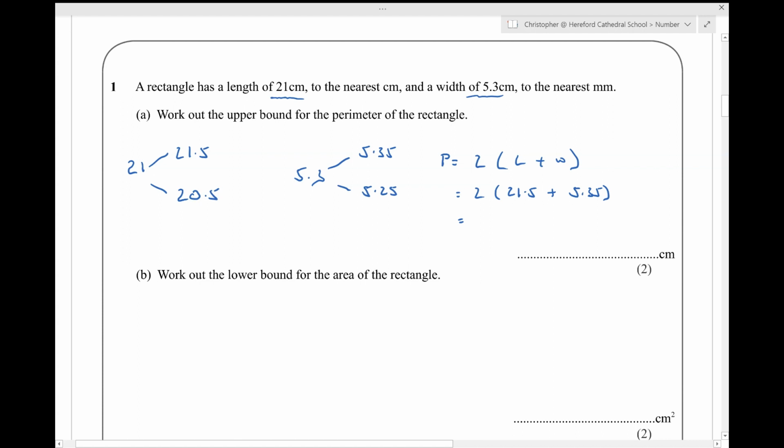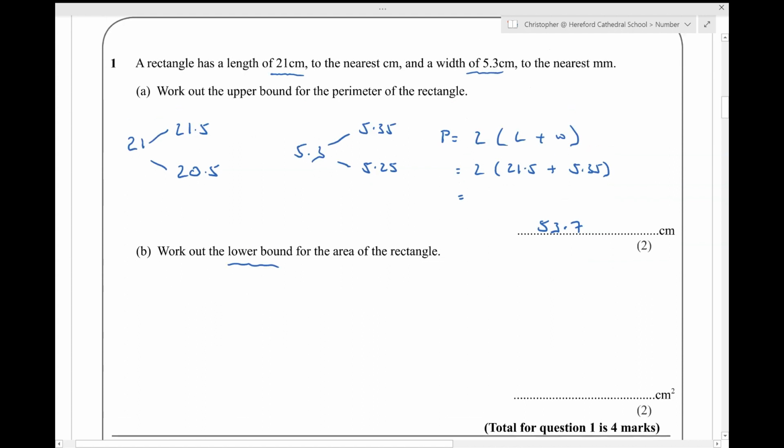So all I need to do is use my calculator to work out 21.5 plus 5.35, and then multiply the result by 2, giving me 53.7 centimetres.